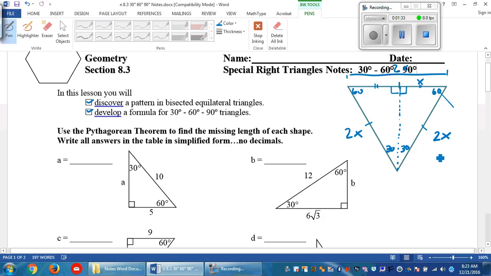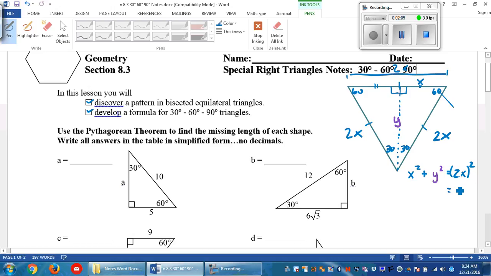Then what you could do is use the Pythagorean Theorem, which was one of our previous videos, and say, okay, the small side is x squared plus, we don't know what this side is, so if I change colors, let's call it y. So plus y squared equals my 2x, in parentheses, squared.